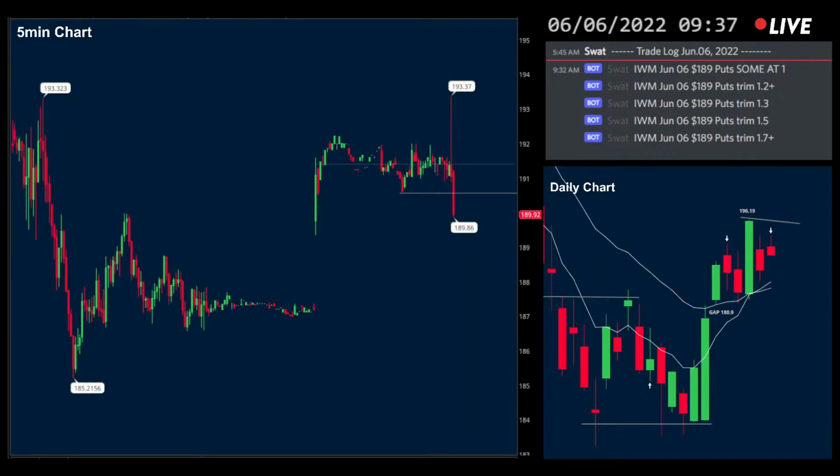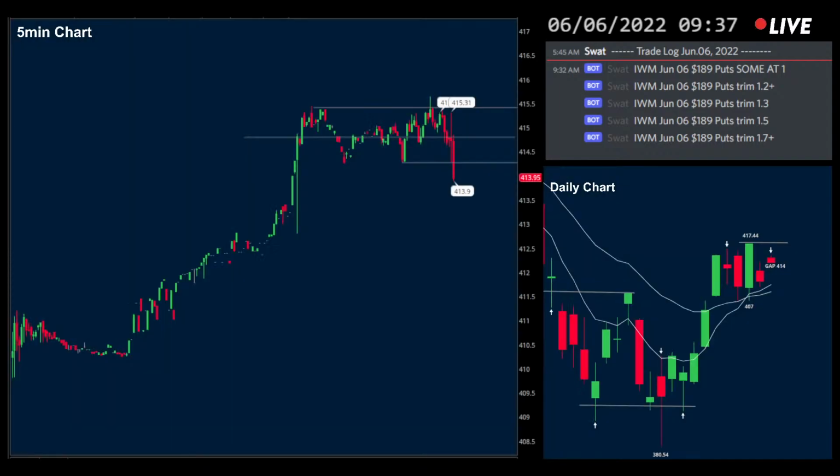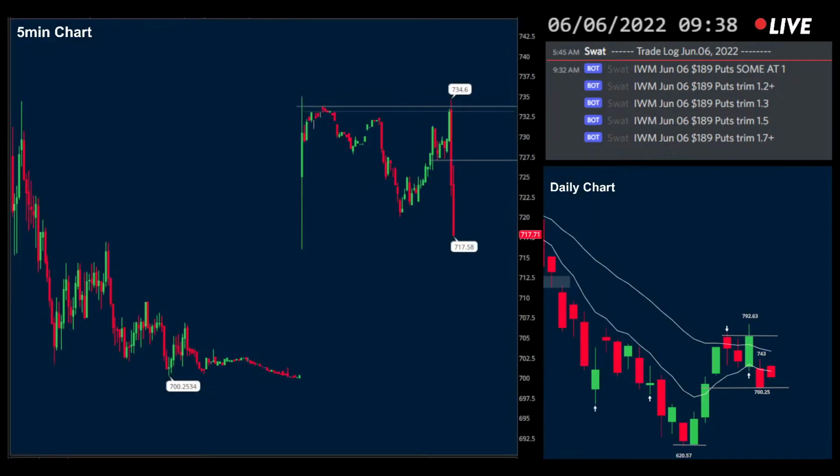We have SPY new lows on the day. Yeah, SPY filled the gap also. Tesla. Nice shorts, guys.